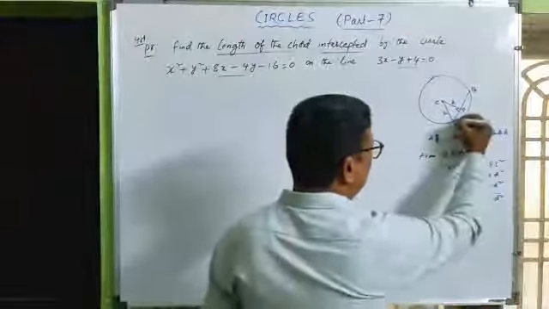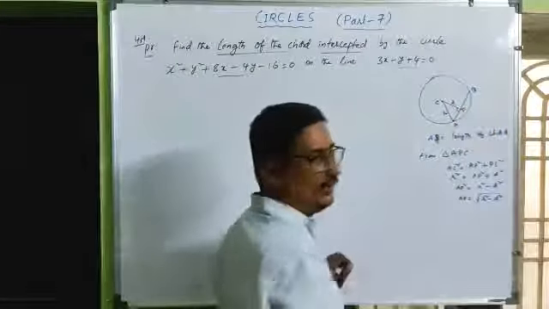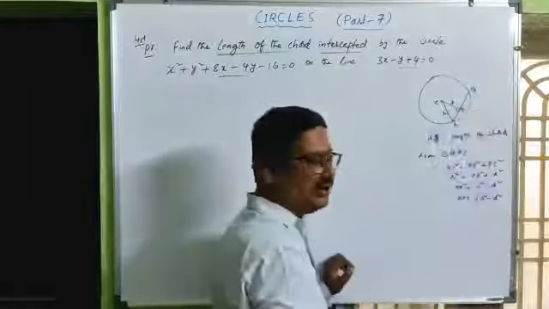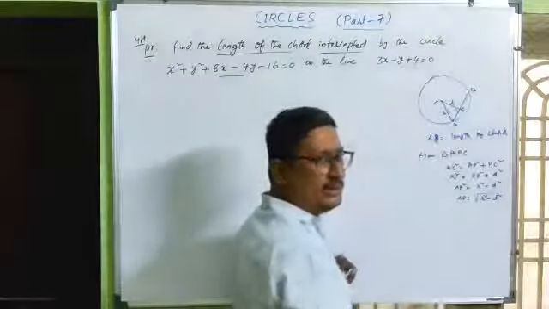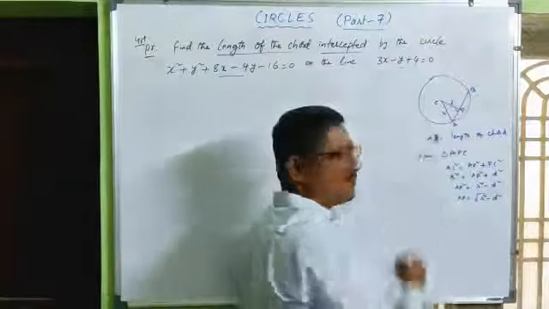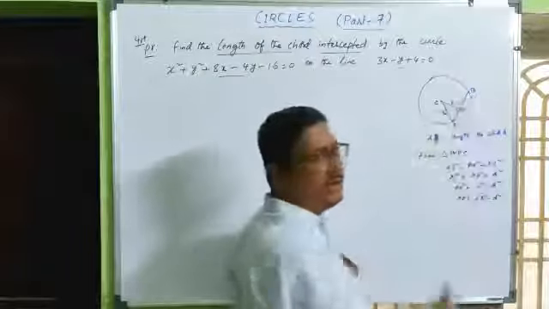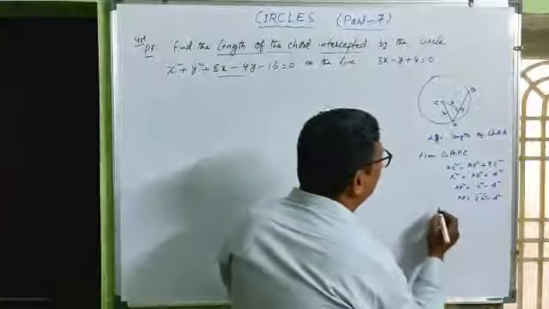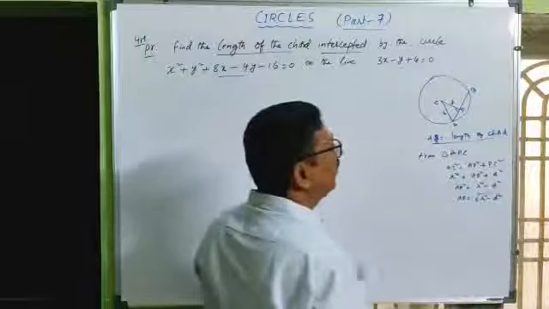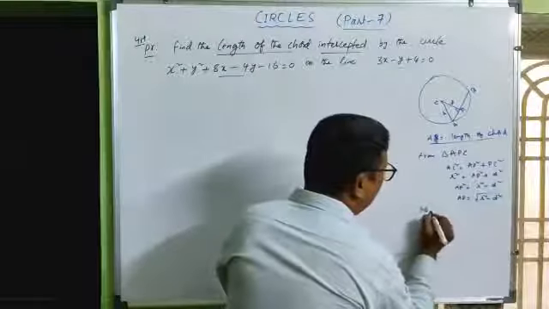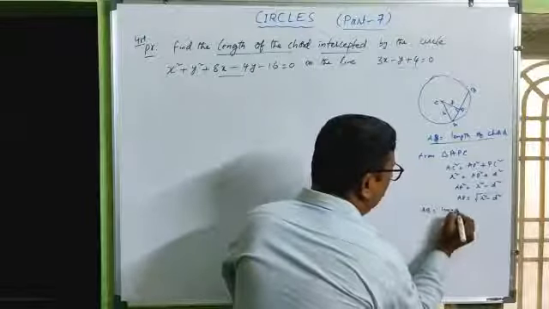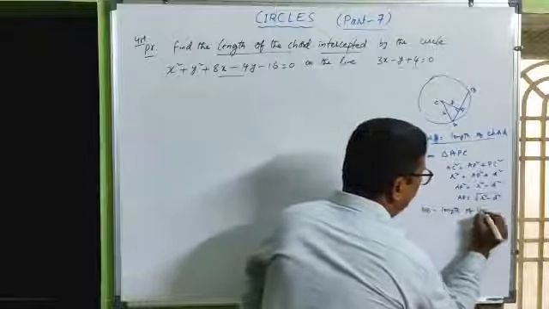So what is the distance AB, from this point to this point? P is the midpoint of the chord. Whenever CP is the perpendicular, P is the midpoint of AB. Now what we have to find is the length of the chord AB.